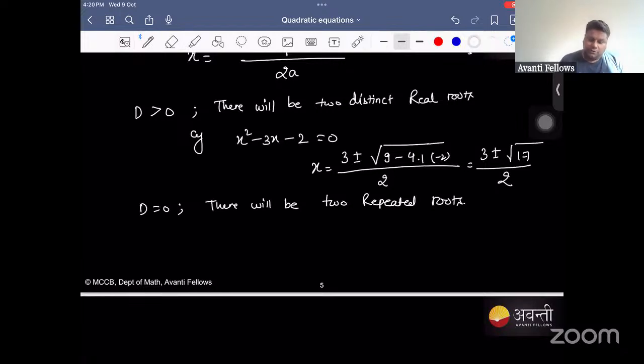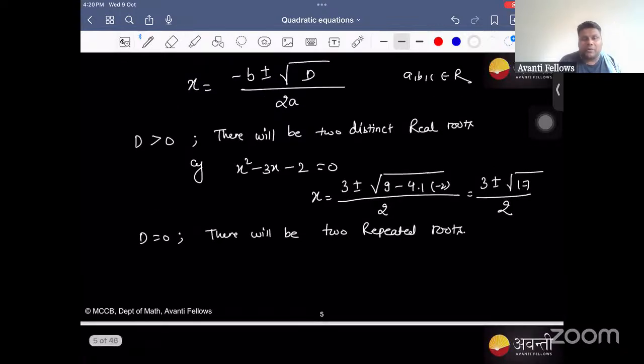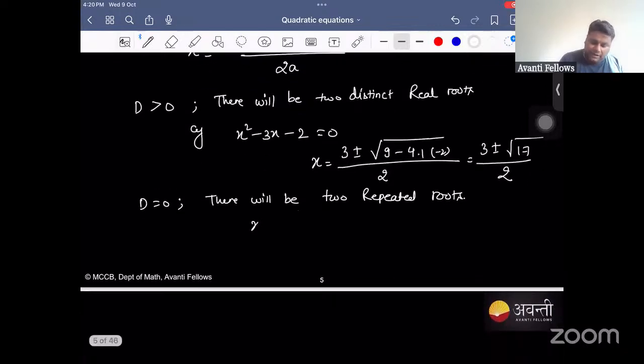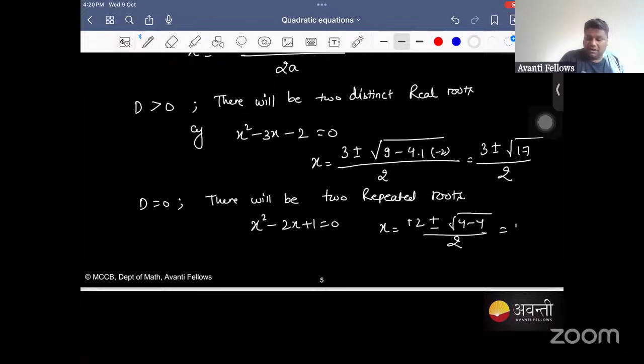Got it? So two repeated roots stands for, like if you have a quadratic, because see now the roots will be minus b upon 2a and minus b upon 2a. Like you have x square minus 2x plus 1 equal to 0. So x will be what? x will be minus minus 2 plus minus under root of 4 minus 4 upon 2. It will be 1 comma 1.